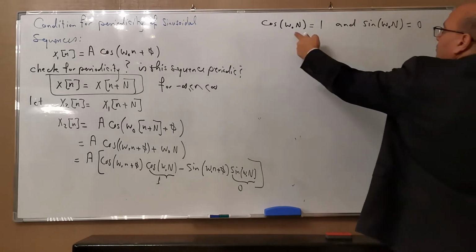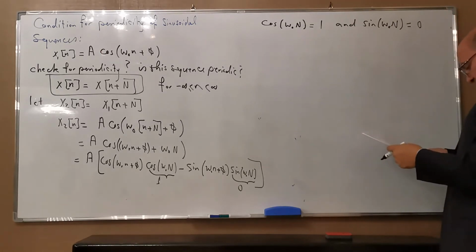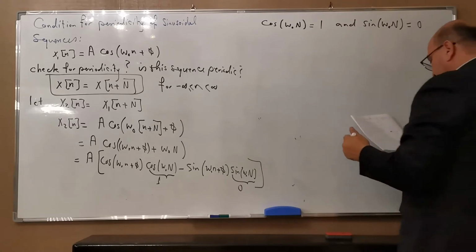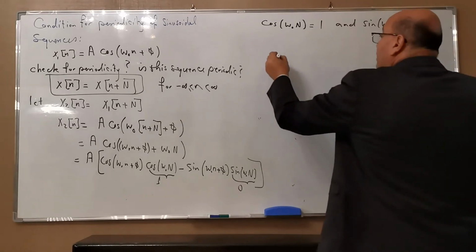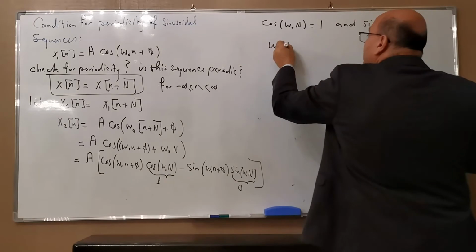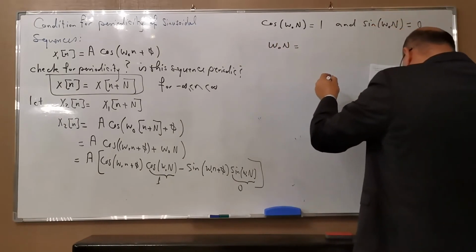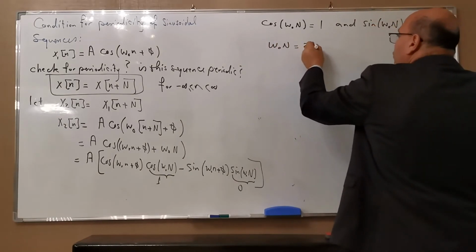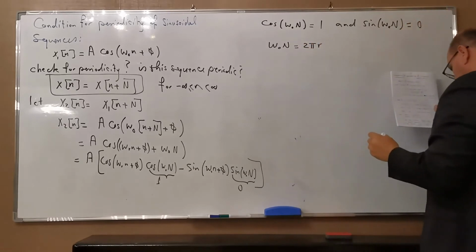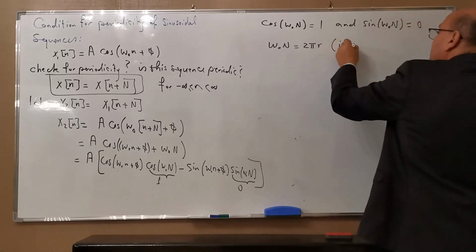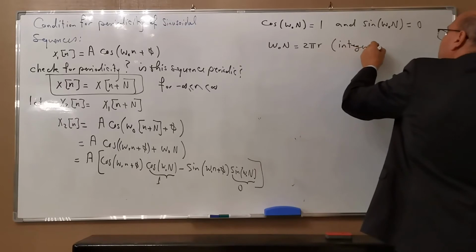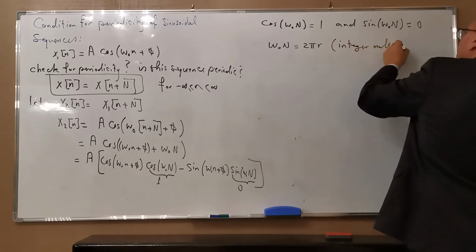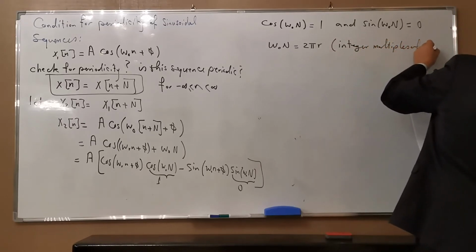For those two conditions to be satisfied, it means that we have to have omega 0 n equal to integer multiples of 2 pi, 2 pi times r, which is an integer.